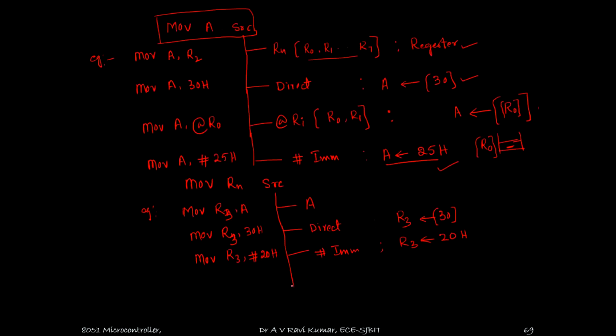Here it will not support two register addressing modes together, so something like MOV R3, R2 is invalid. Transferring between two registers is not possible. I can transfer data between the accumulator or B register and any register, but register to register data transfer is not possible. This should be remembered.